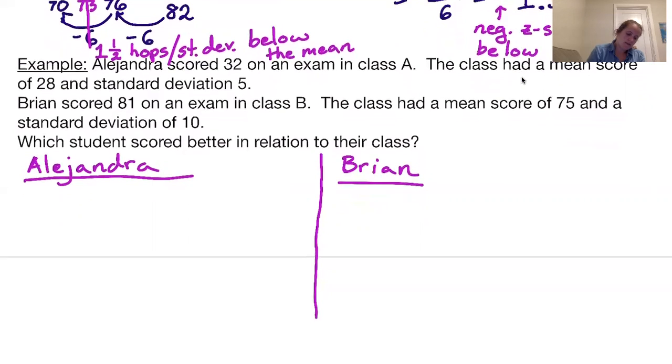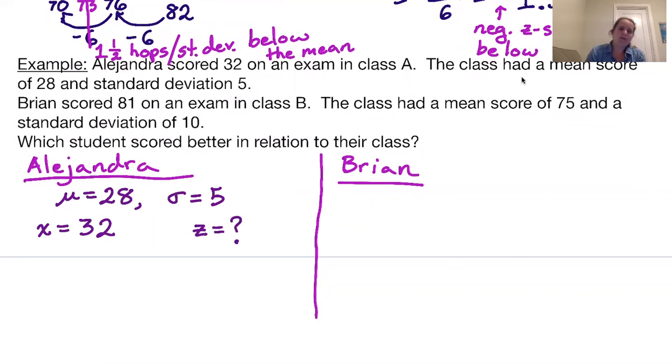So for Alejandra, class A had a mean of 28 and a standard deviation of 5. And we are told that Alejandra scored 32. And we want to know what z-score corresponds to that data value.